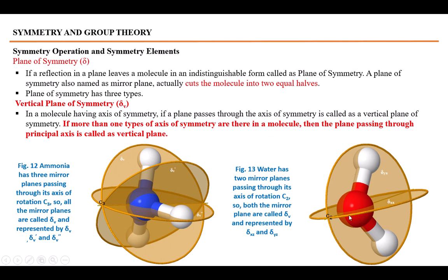The second cuts only the oxygen atom and makes one hydrogen the image of the second hydrogen. Both are sigma V planes, and we denote them depending upon the axis: sigma XZ, which is in the XZ plane, and sigma YZ, which exists in the YZ plane. So there are two vertical planes in the water molecule and three in the ammonia molecule.